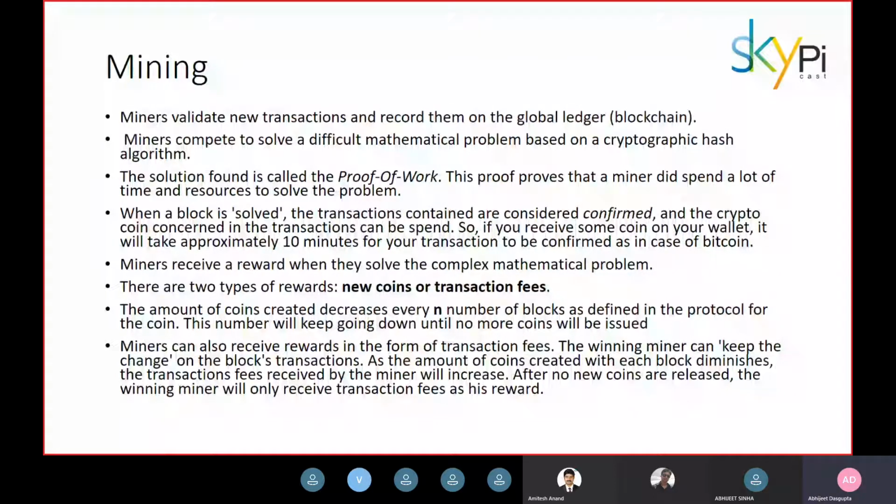This number will keep on going down until there are no more new coins to be issued. This number of blocks getting decreased is called reward halving.